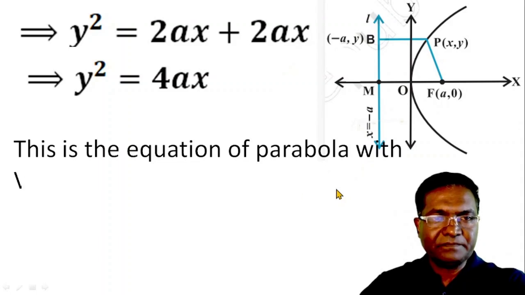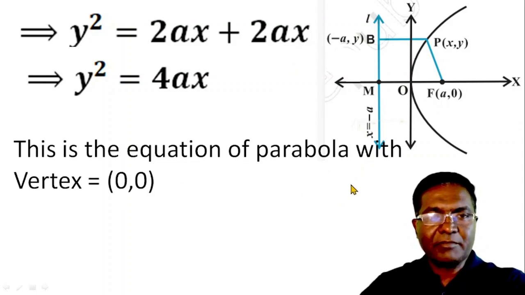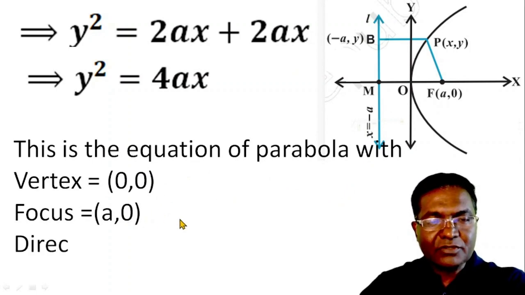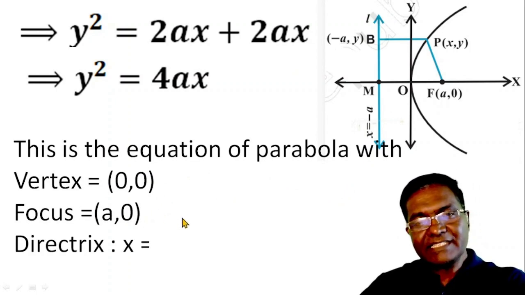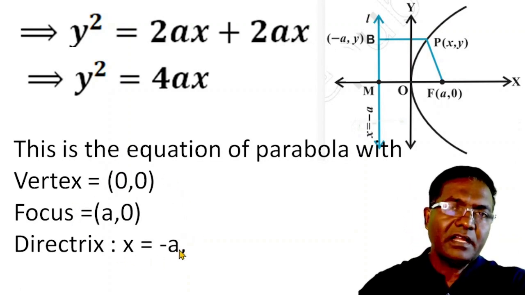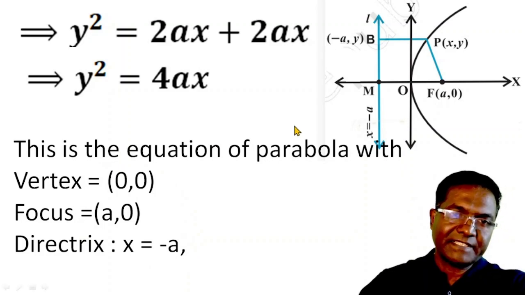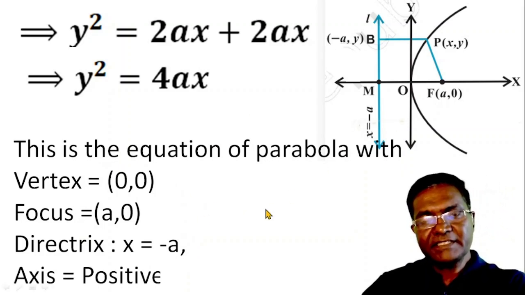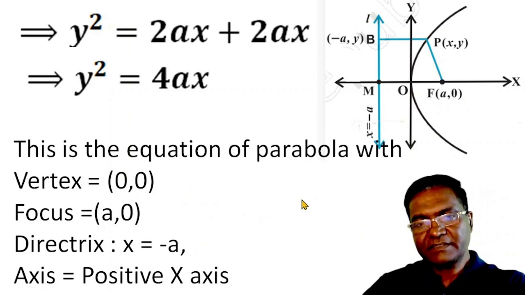We'll discuss that. So this is the equation of the parabola with vertex (0, 0), focus (a, 0), directrix x equals minus a, and its axis is the positive x-axis. Remember these things, very important.